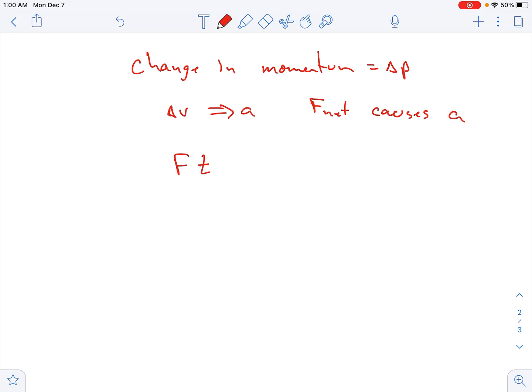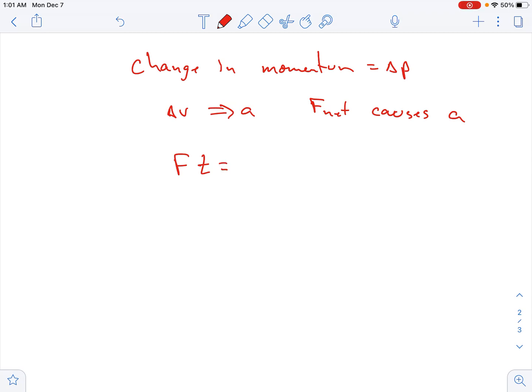What's funny about this is not something that most people need physics to understand. Right? That if I exert a force for a longer amount of time, I'm going to get a larger change in velocity.